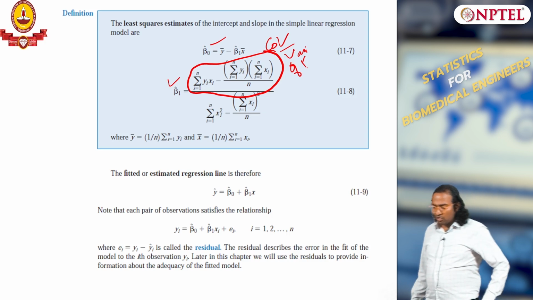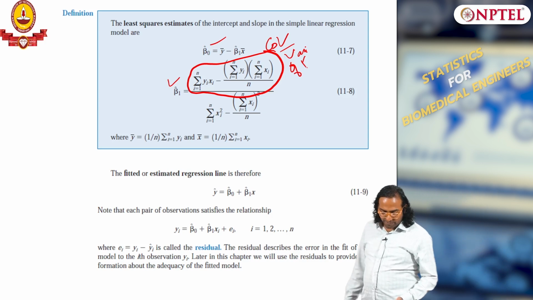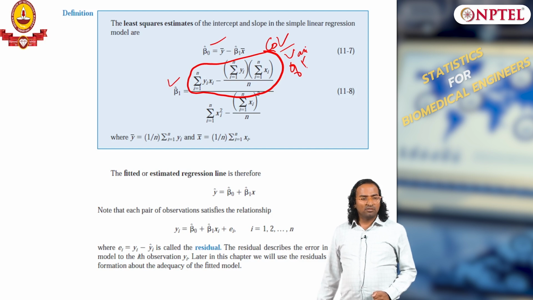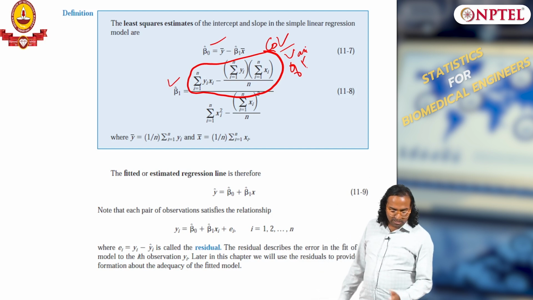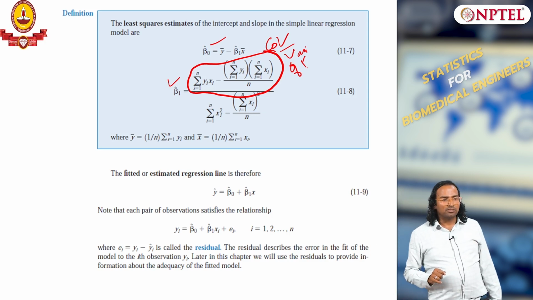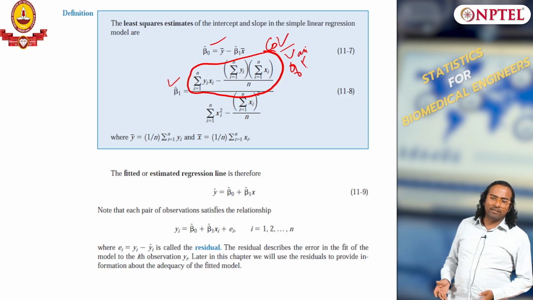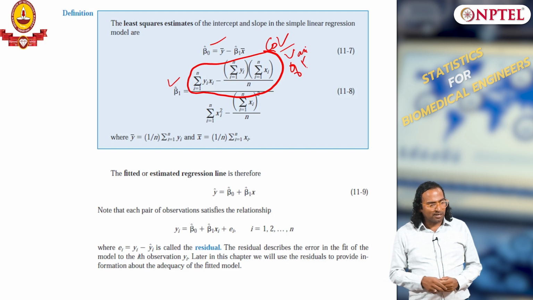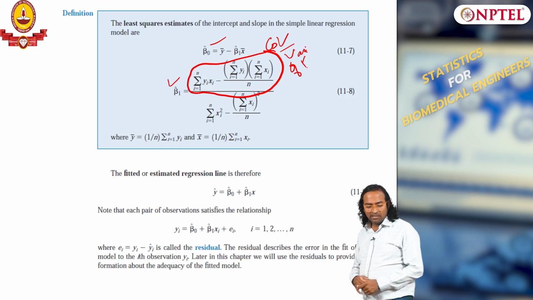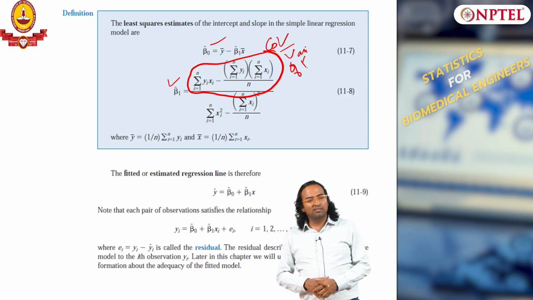So beta 1 hat is actually a function of correlation. When you solve this, this is the equation you get. This is what you do in ANOVA also. I just gave you the formula, but the ideal way is to minimize the squared error.